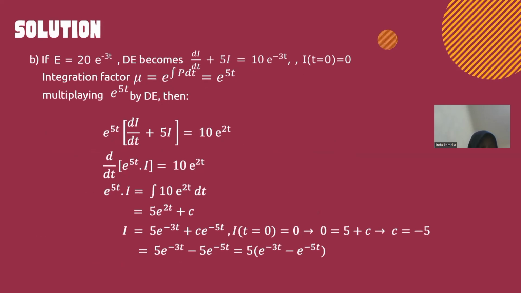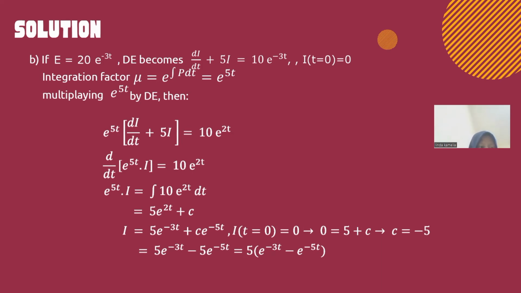For B, if E equals 20 e power minus 3t, it becomes dI over dt plus 5I equals 10 e power minus 3t, when I at t equals 0. By integration factor, u equals e power integral of p dt equals e power 5t.